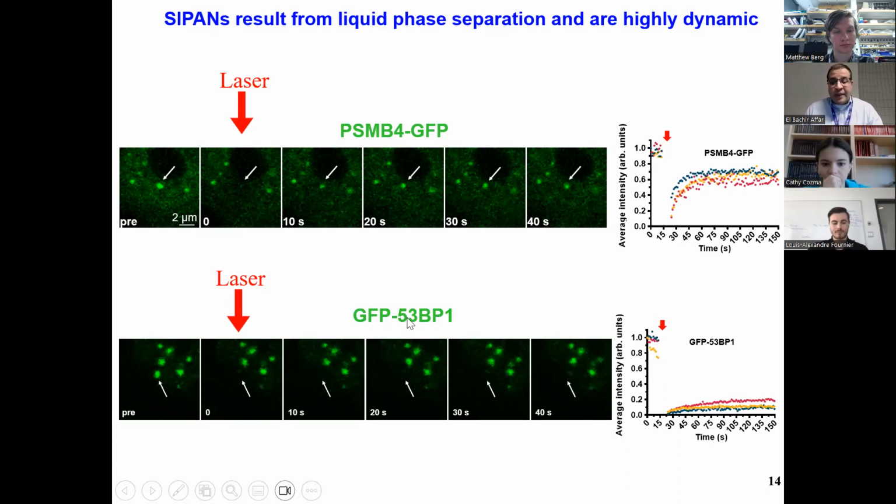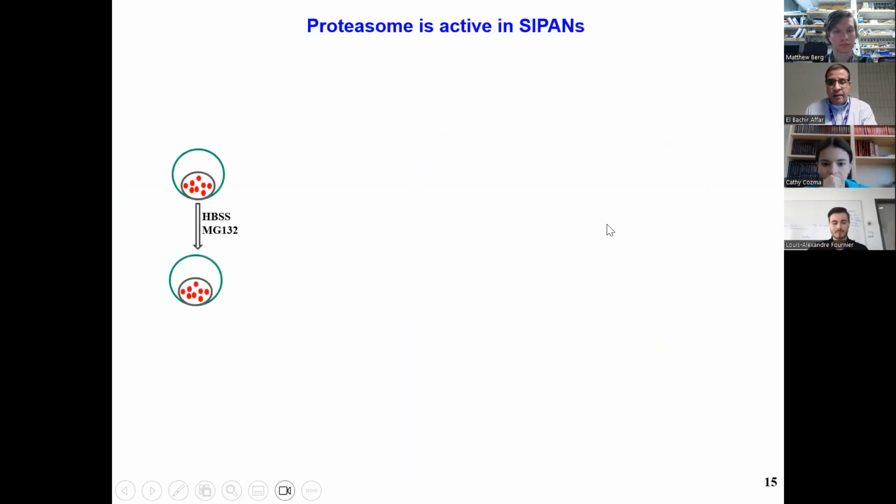However, for example, 53BP1, which are DNA damage foci, when we hit them with the laser, we don't see a recovery during this time frame. So these proteasome foci are highly dynamic, and by all means, I think we can say that they are the result of a phase separation, and liquid phase separation.